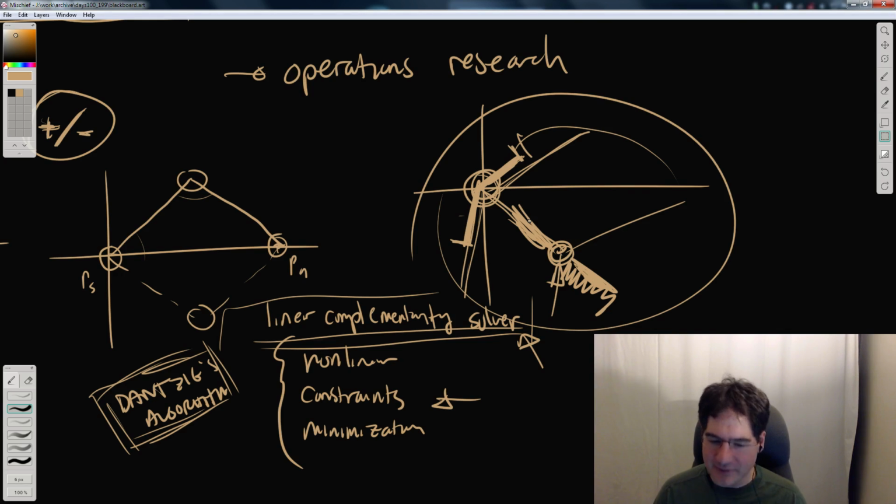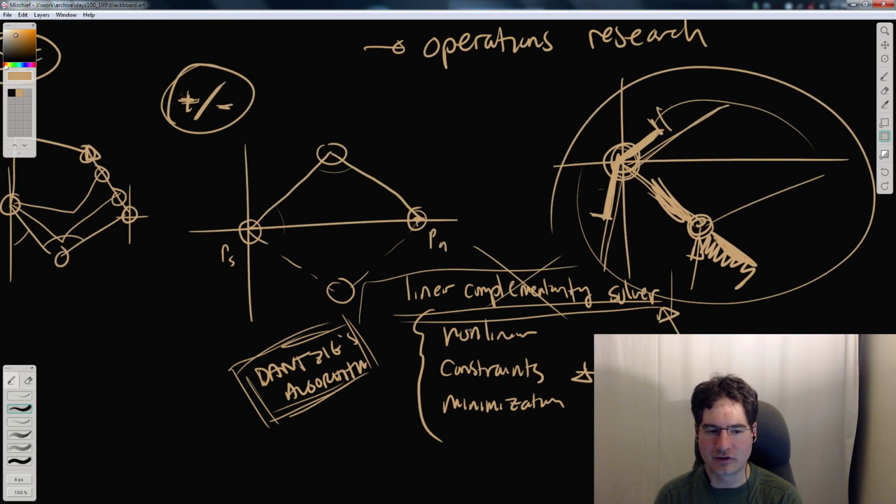But point being, not what you want for a cakewalk. You don't want to hear someone say, if you can avoid it, that we need a linear complementarity solver for this thing. So really nasty. And a lot of times in IK, they just cheese it. They don't actually use anything like this.